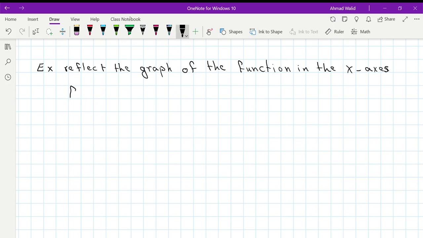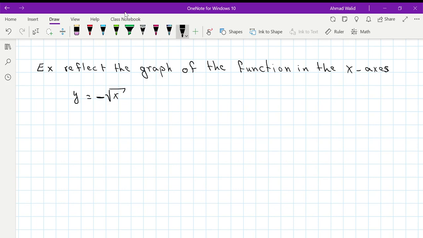Let's say maybe y equals negative square root of x. Even if they don't give you this information, or they just tell you graph this function, as soon as you see this negative outside, you have to know that your graph will reflect in the x-axis.